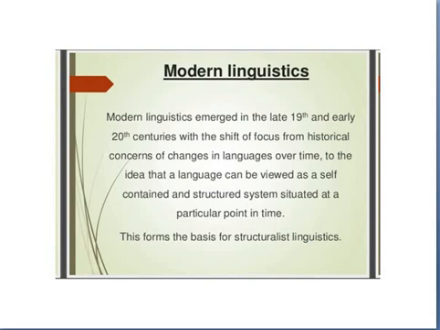Modern linguistics emerged in the late 19th and early 20th centuries with a shift of focus from historical concerns and the change in languages over time to the idea that a language can be viewed as a self-contained and structured system situated at a particular point in time.